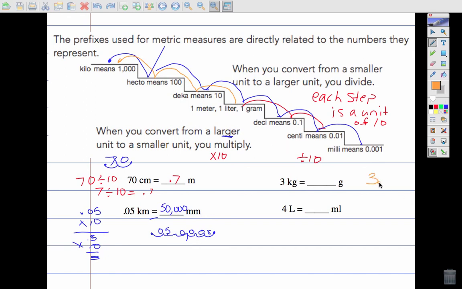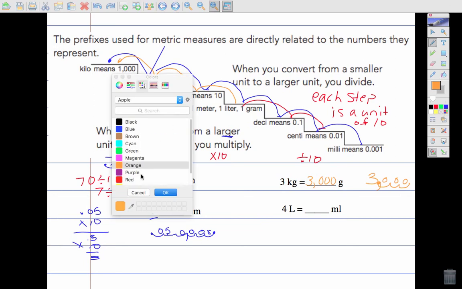So if I have 3 kilograms, I have to move that decimal place 3 spots, and the decimal point's after the 3, so I'm going to go 1, 2, 3, and I'm actually just going to put a comma there, so I have 3,000 grams. Okay, that's how we do that conversion.